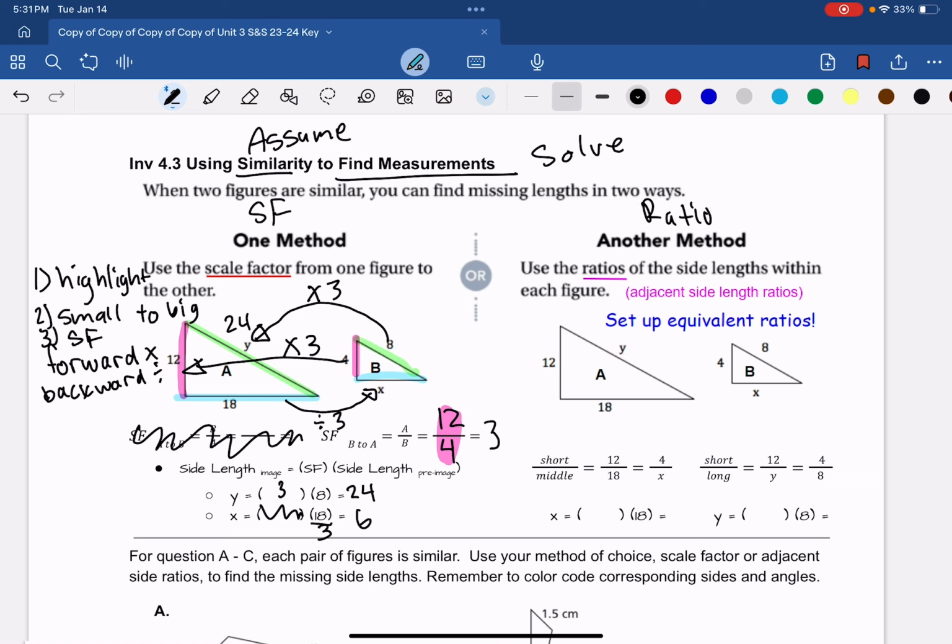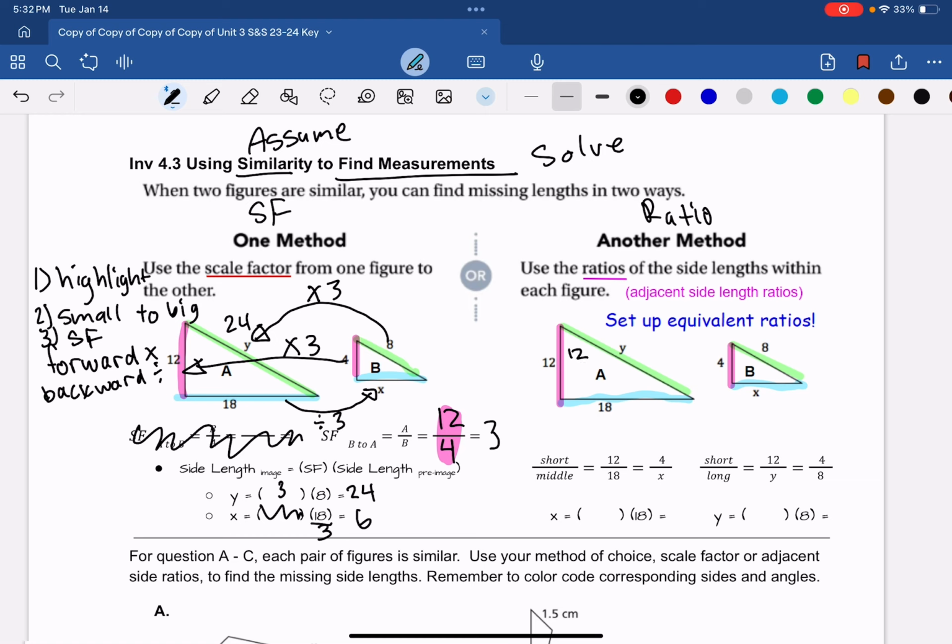This might be nice if you're getting a little overwhelmed because it always works. Let's see here. So just depending, first step is always highlight. Make sure we know things are in position. It also matters for ratio, just in a different way. I need 2 numbers that are actually numbers.